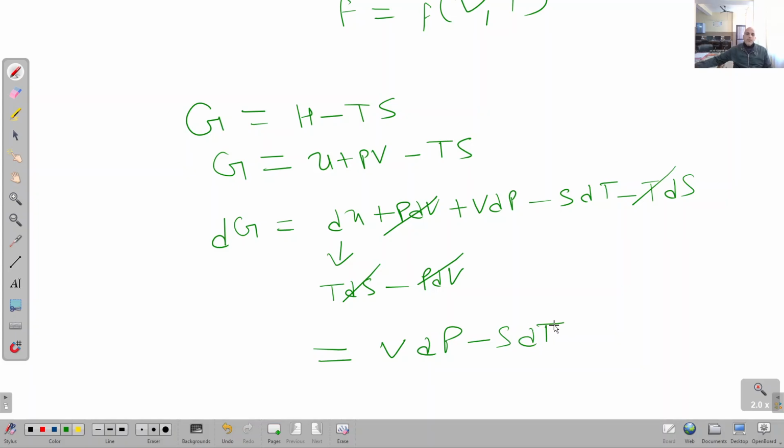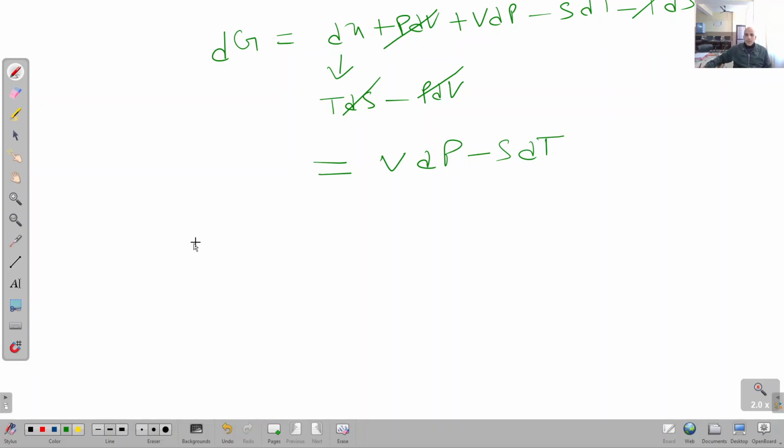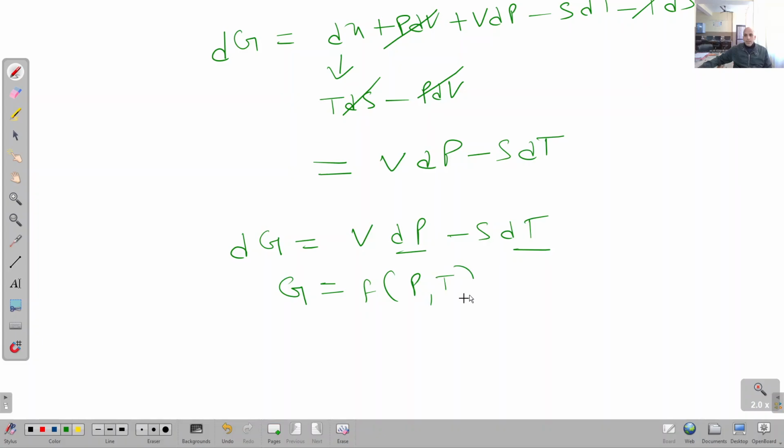So it means the change in the Gibbs free energy dG is equal to VdP minus SdT. So it is dependent on the change in these two quantities. So we can say G is a function of P comma T, right?